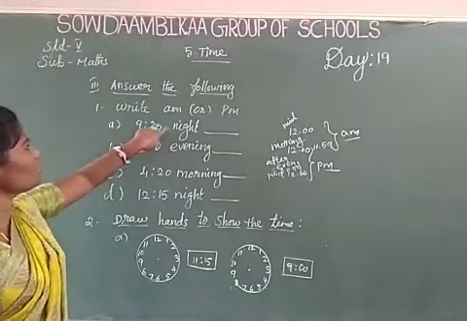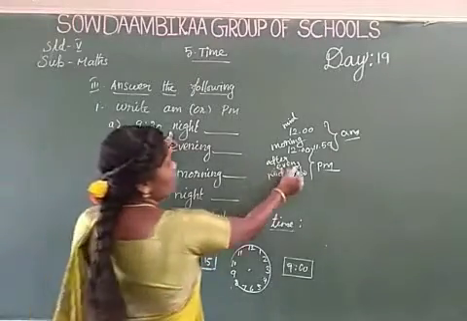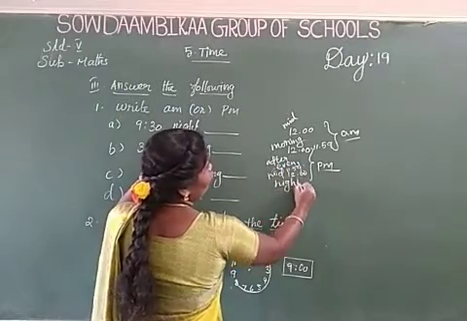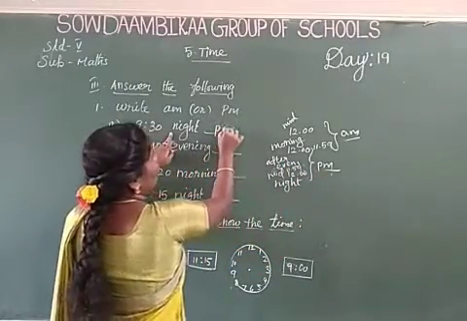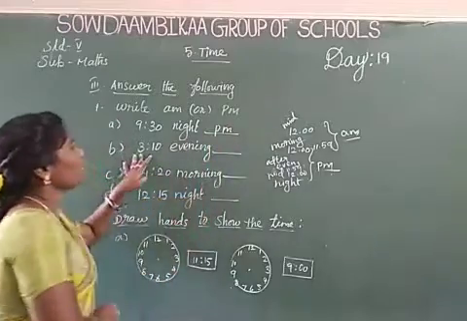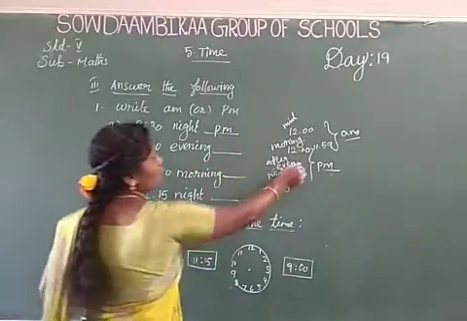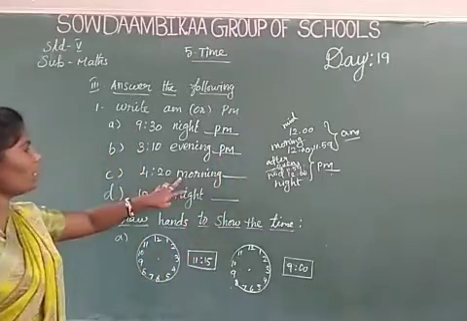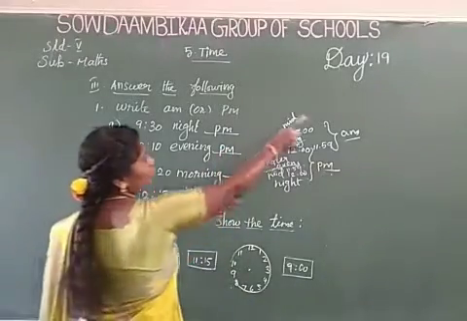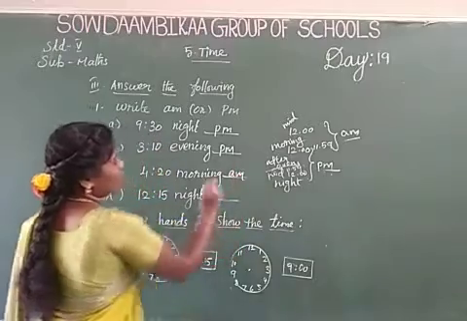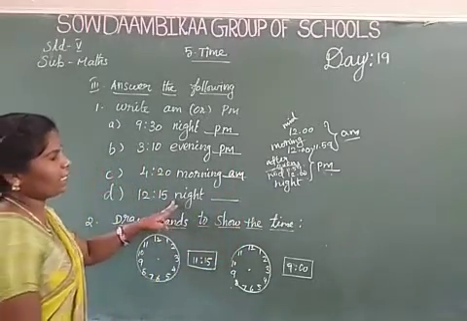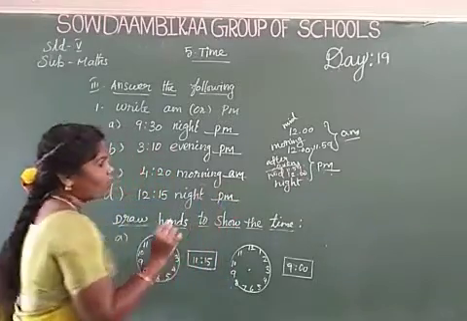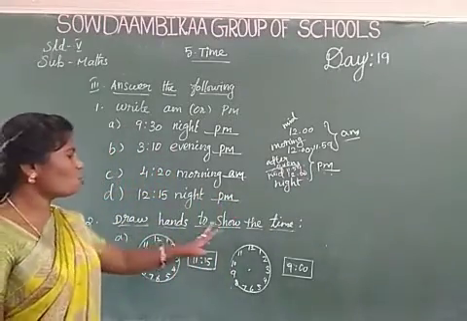So first, 9:30 night is PM. Next, 3:10 evening is also PM. Next, 4:20 morning is AM. 12:15 night is PM.